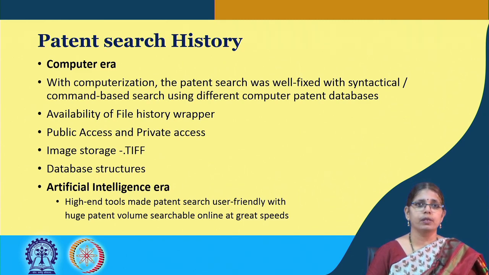We are also obviously influenced by artificial intelligence. Using those tools, we now have very high-end tools available for sieving out a large amount of patent data and also making it very user friendly and at great speeds.